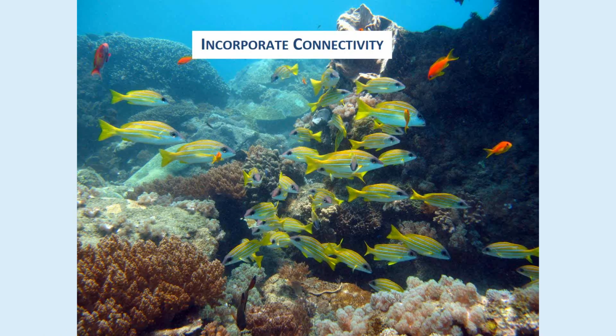What I'm going to talk about today is how to use connectivity to design your marine protected area. Now, we've known for a long time that connectivity is one of the most important things for us to consider. And by connectivity, I mean how populations are connected demographically through the movement of adults, juveniles, and larvae. So we've known we've needed to do that for a long time, but we haven't been able to do it because we didn't have the information at our fingertips.